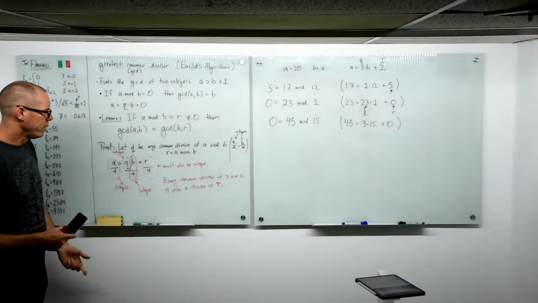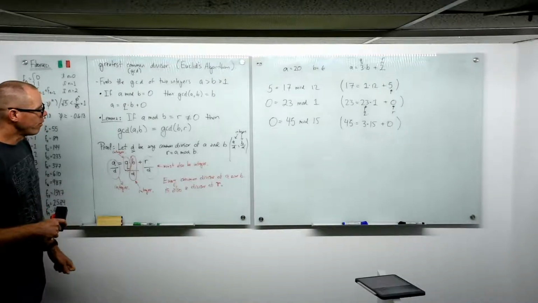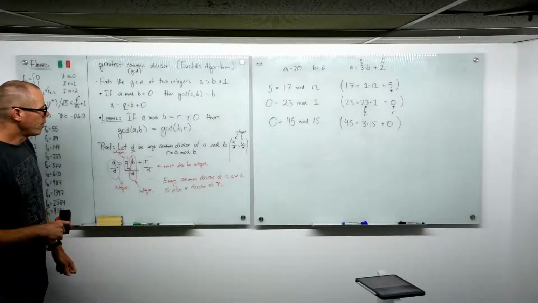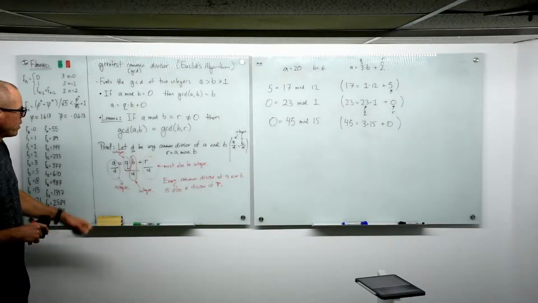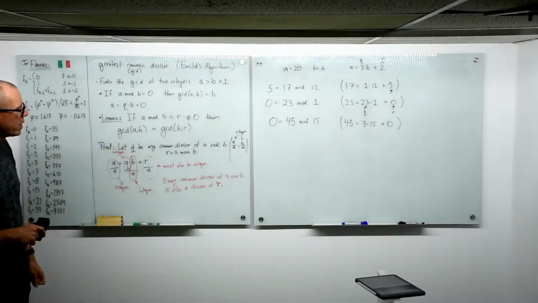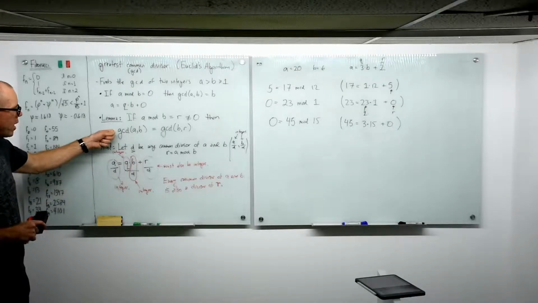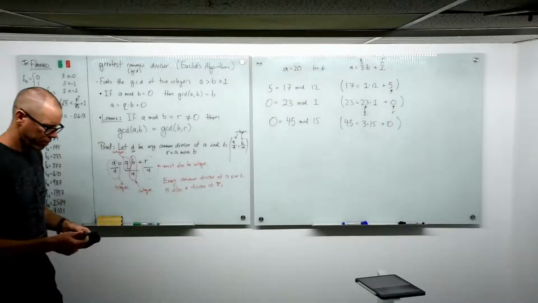In fact, it also works the other way. Every common divisor of B and R is a common divisor of A and B. Okay. So this is the basis of the thing. This is the thing that says Euclid's algorithm is correct.